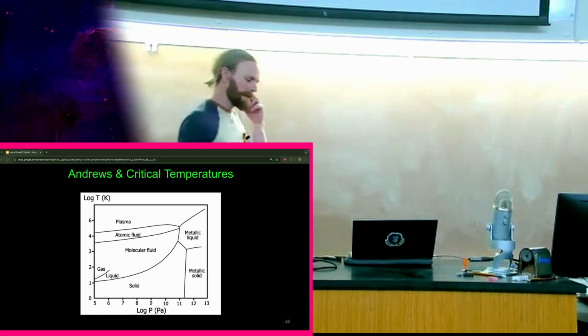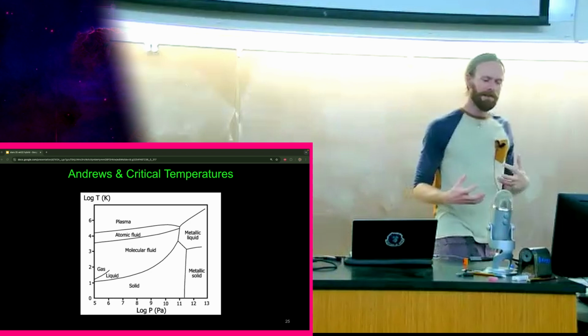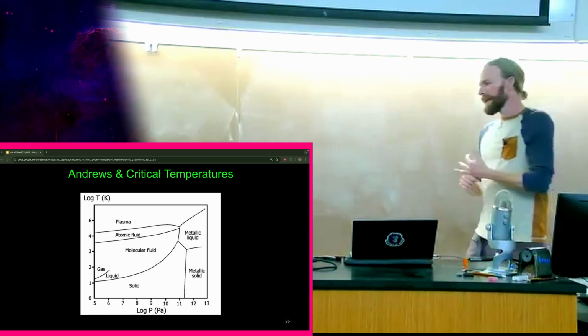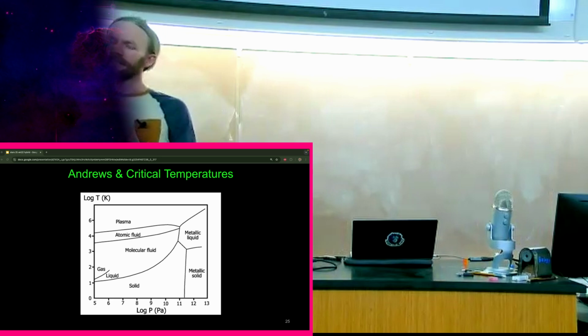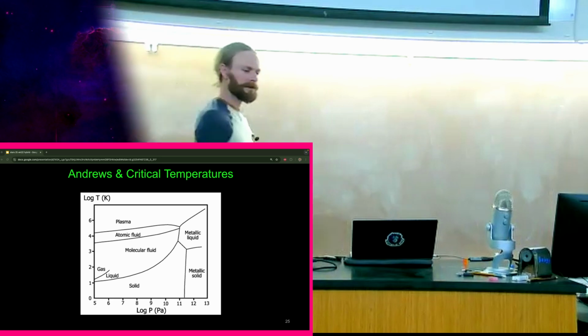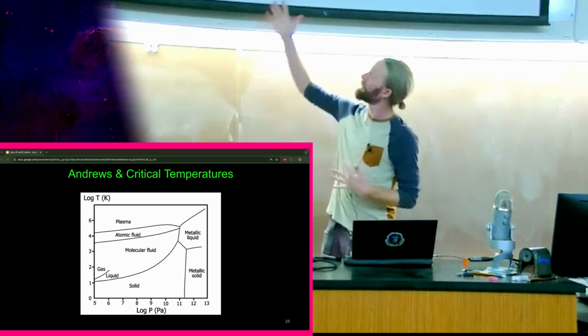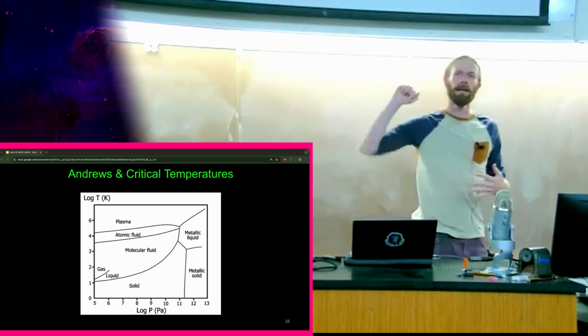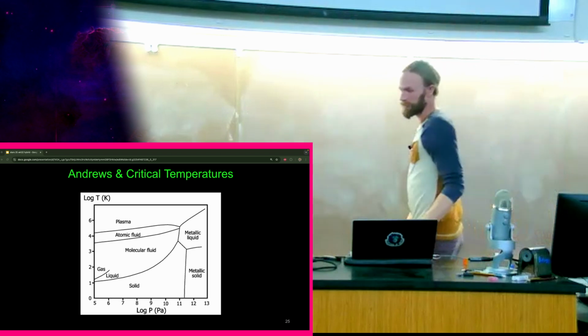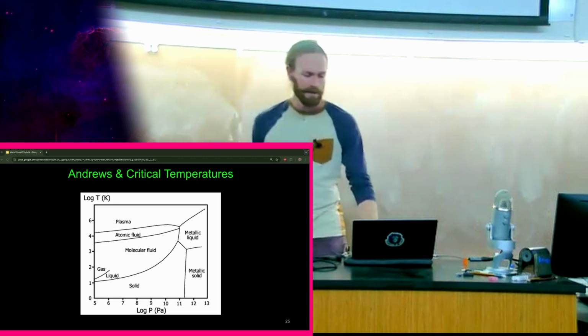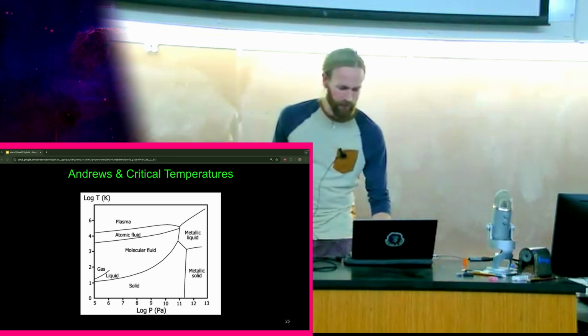And so people all of a sudden became convinced that you can have enormous pressures on a gas like hydrogen and it will still stay a gas. Unfortunately, Andrews didn't have access to this phase diagram that we now know for hydrogen, which tells us that if you squish hydrogen really, really hard, it does find itself in a liquid metallic form.